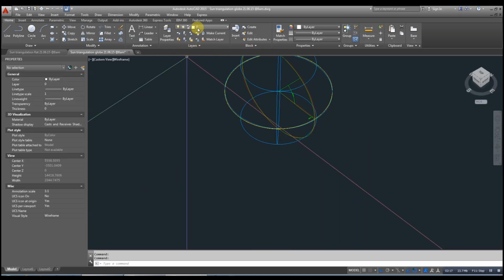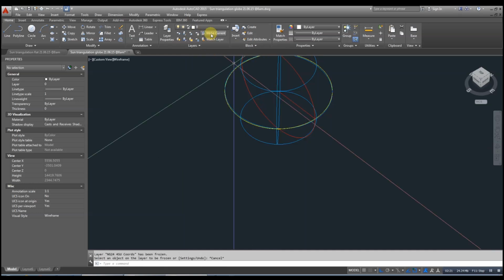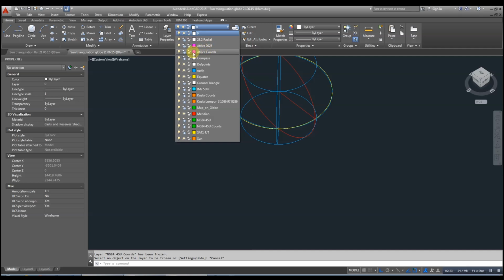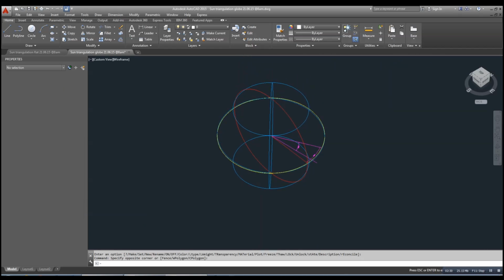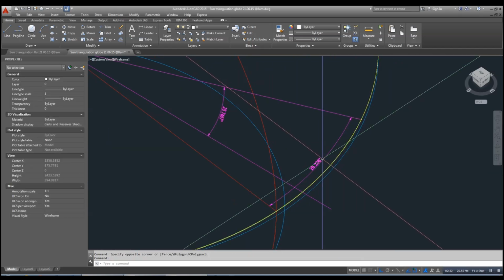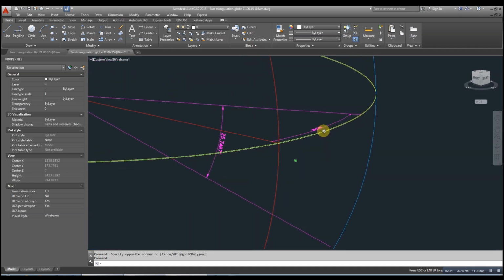So if I freeze that one, I took a point in Africa, in Pretoria in Africa, which is the purple here. Let's look at those coordinates.